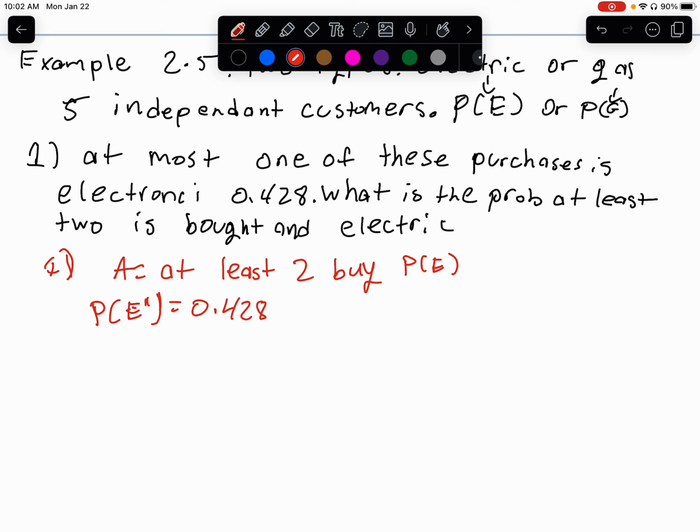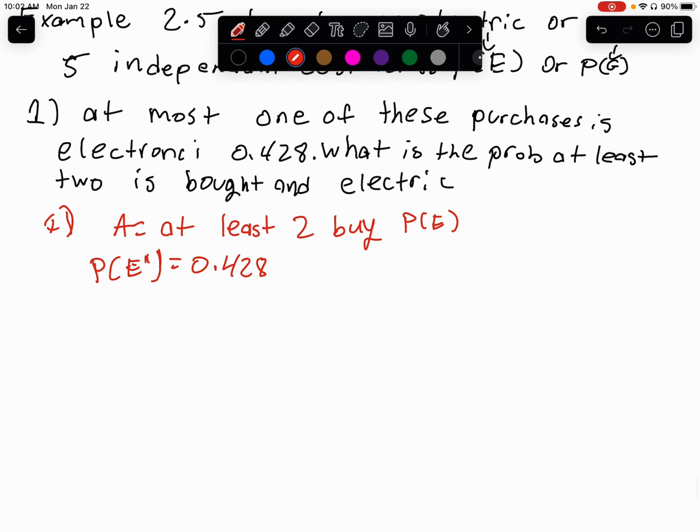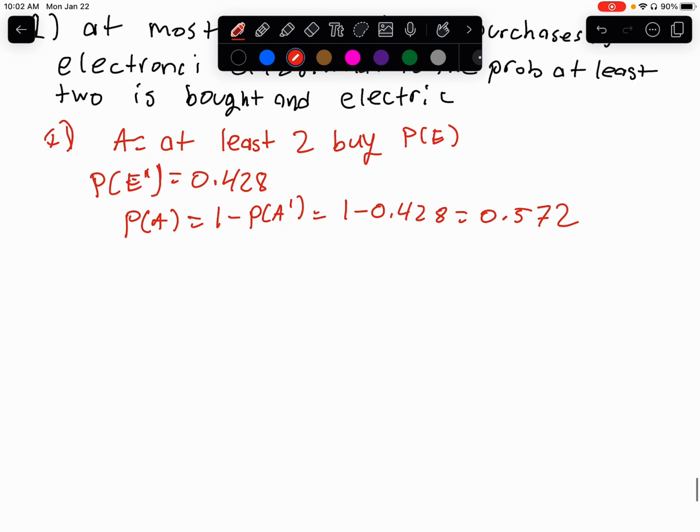So we can find the probability of A occurring, which equals 100% minus P complementary of A. So we have 1 minus 0.428, which equals 0.572. That is our answer.